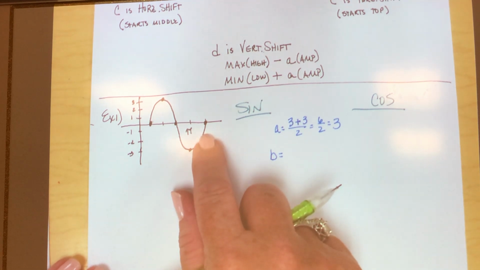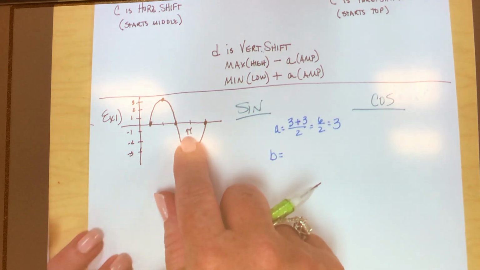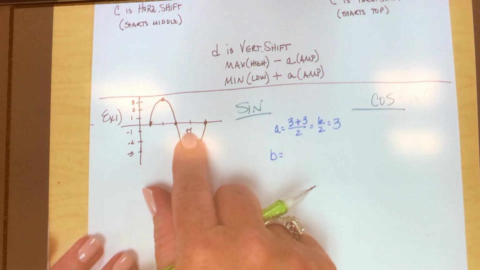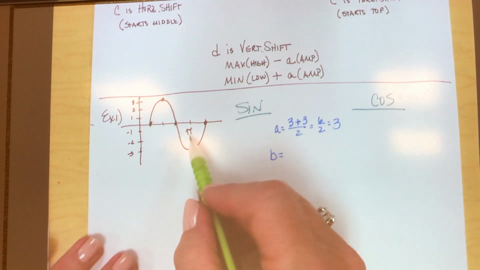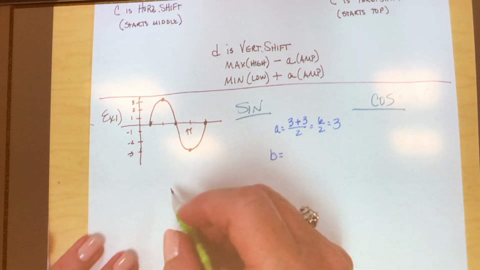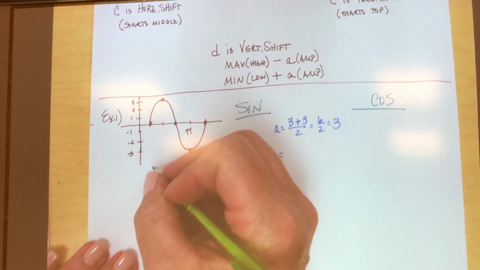Here's what I would say to do: count up how many spaces there are between 0 and that. 1, 2, 3, 4. So I need to divide this up into those 4 spaces, and that'll tell me what each space is. So I'm going to say pi over 4.